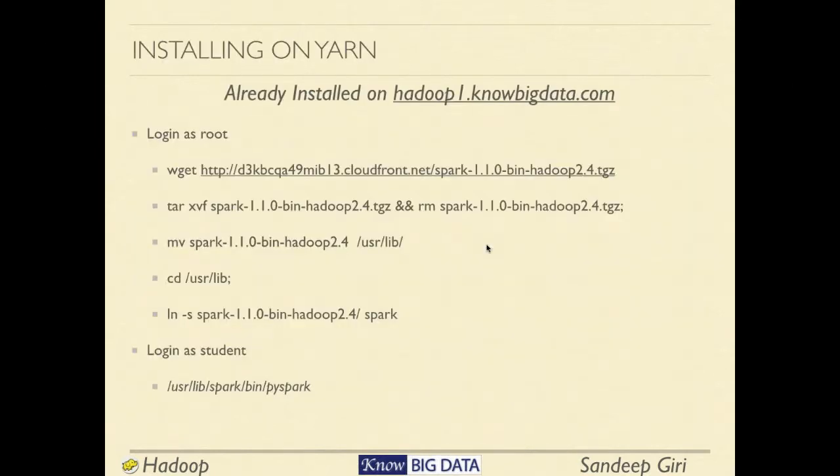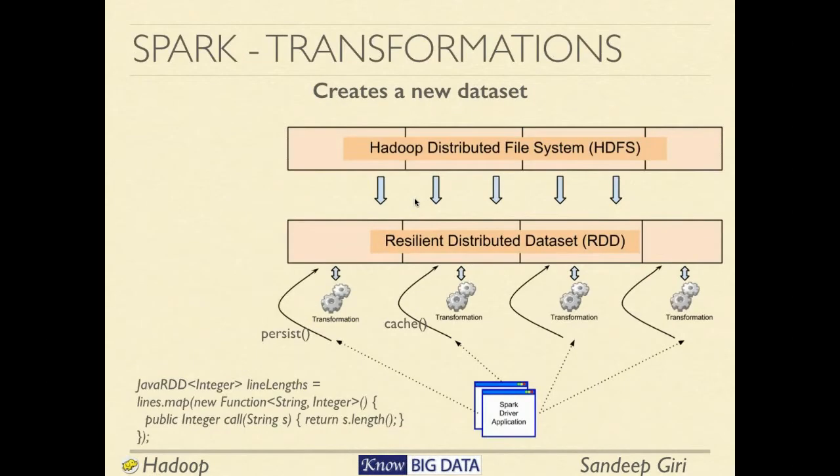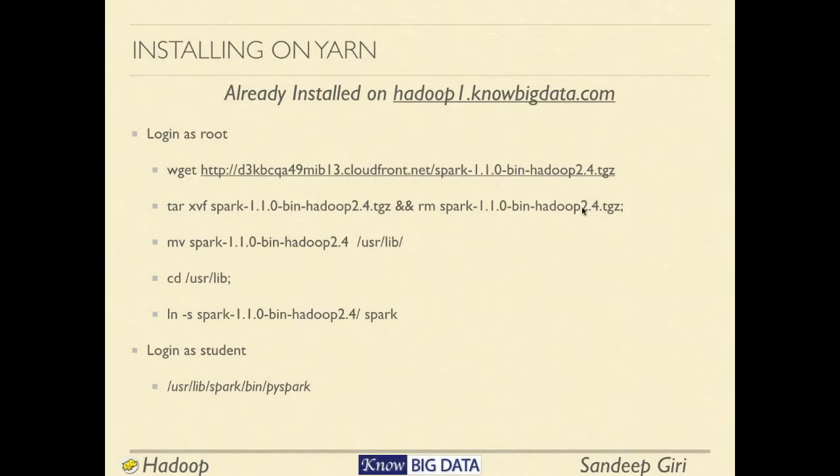Now, those who want to set up their own installation, a better way would be that you go to the Spark downloads and download the one for Yarn. If you have already set up your cluster, all you have to do is download this particular file, extract it, and here I have put an rm, which also deletes the actual TGZ.